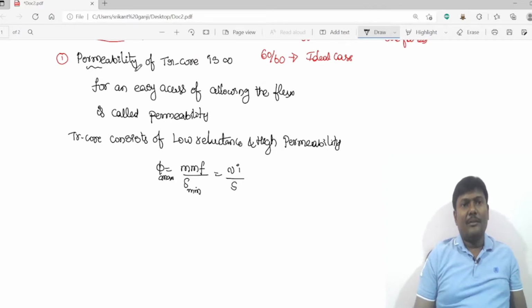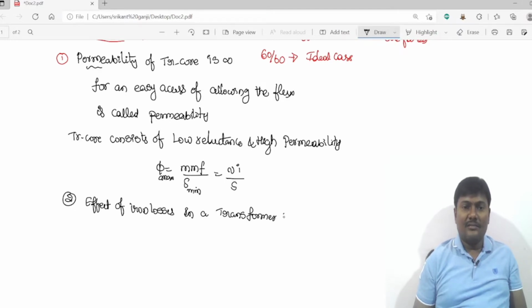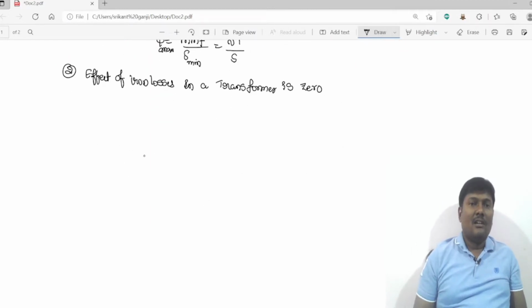The first point is that the permeability of the transformer core is infinity, and the second one is that the effect of iron losses in a transformer is 0. The third one is that the resistance of the winding is 0.